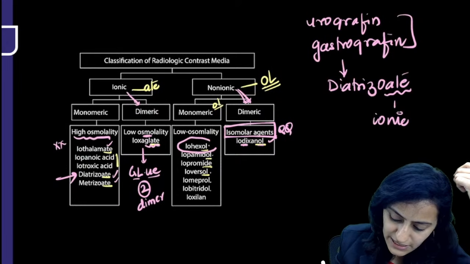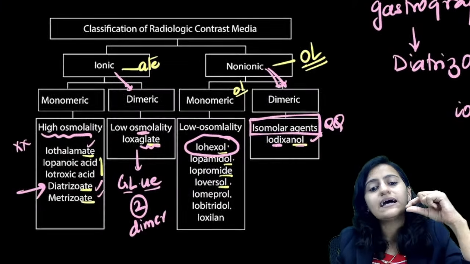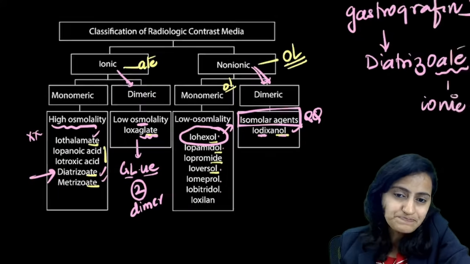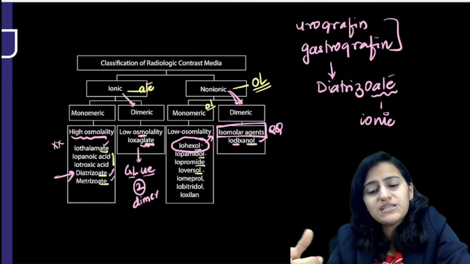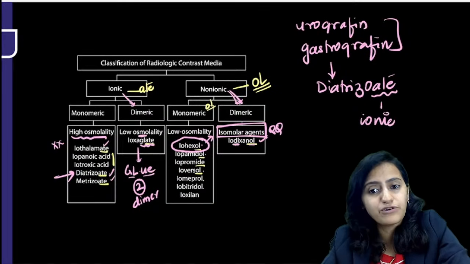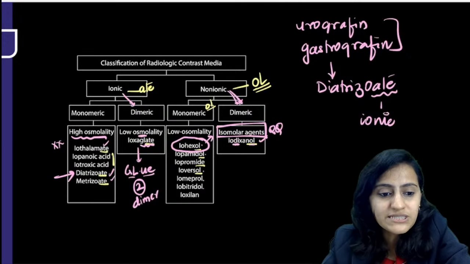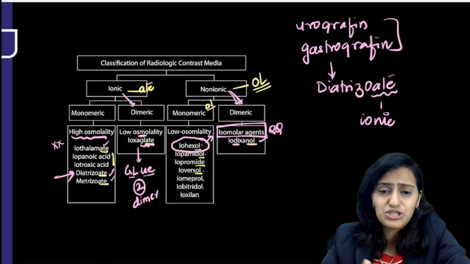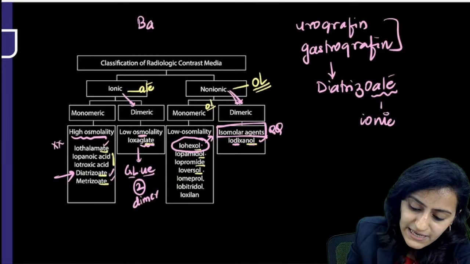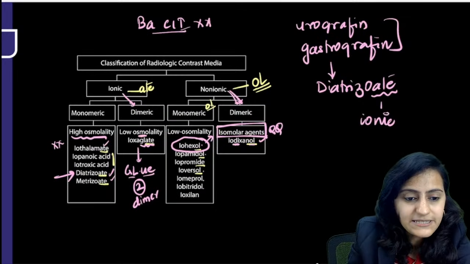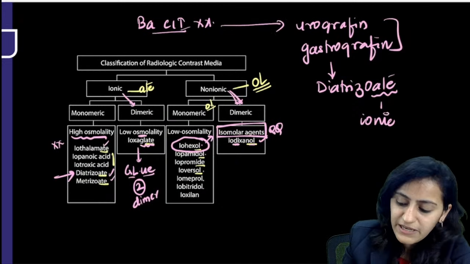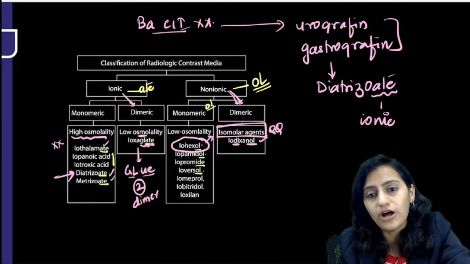The most common that we use in practice is iohexol, which is a low osmolar contrast. So the question asked was, in esophageal perforation, what contrast would you use? Remember that in esophageal perforation or any perforation, barium is contraindicated. So instead of barium, we use the iodinated contrast.